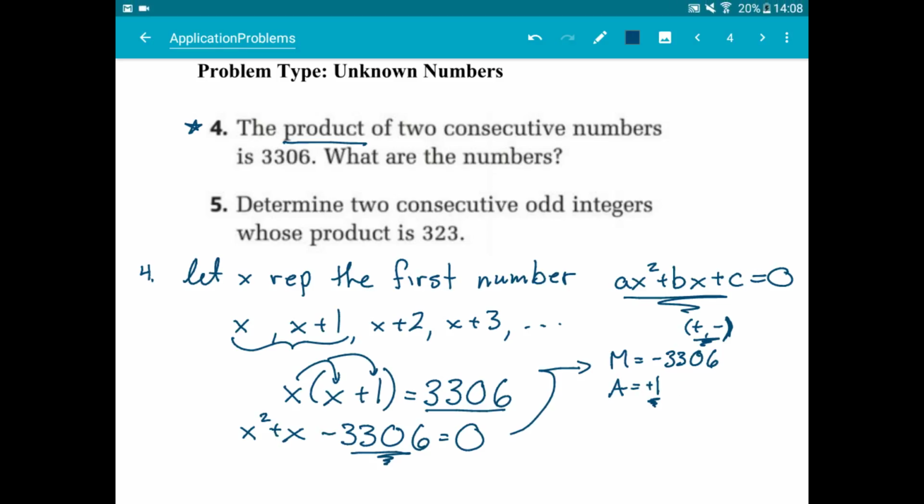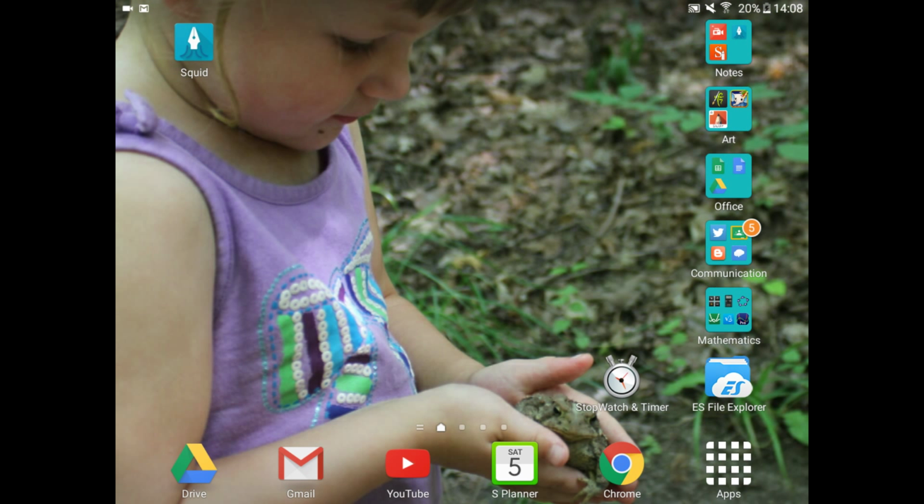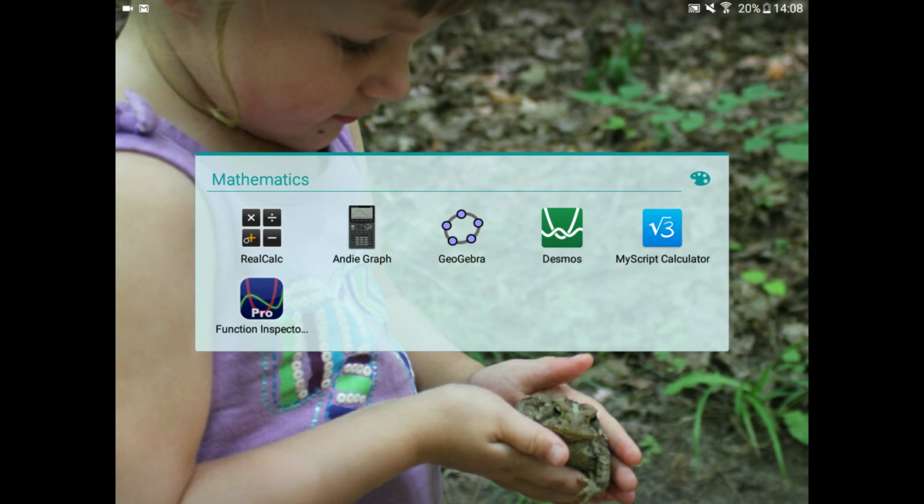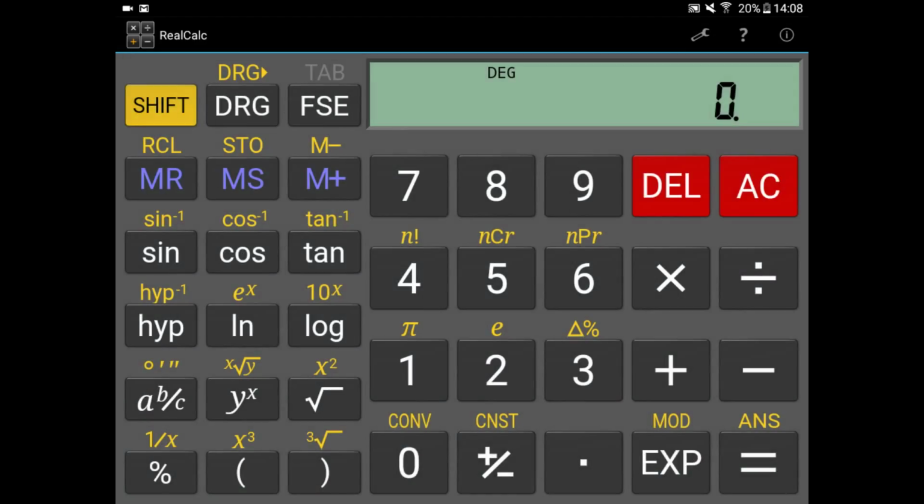Two numbers that are only different by 1 are very close to being the same number. And if they were the same number, they would be the square root. So taking the square root of that number would probably get you somewhere. We could try that. I'll bring up a calculator and take the square root of 3,306.